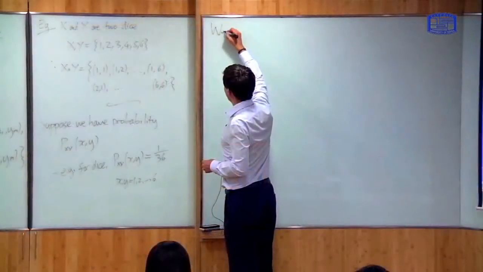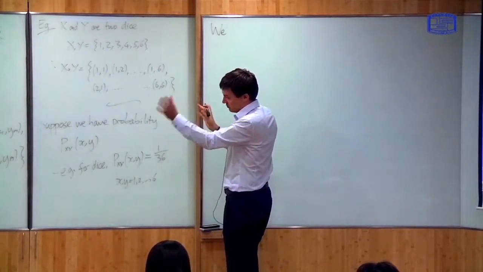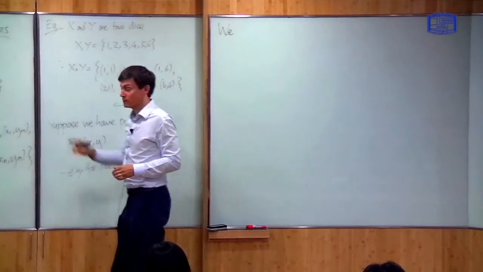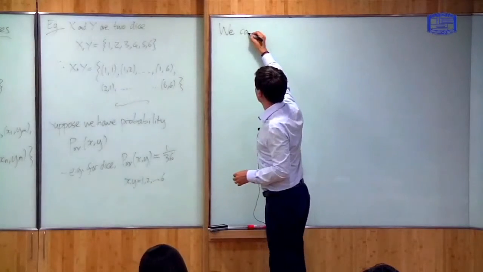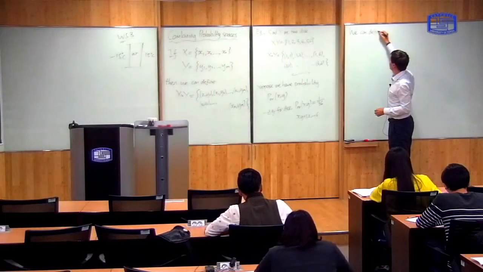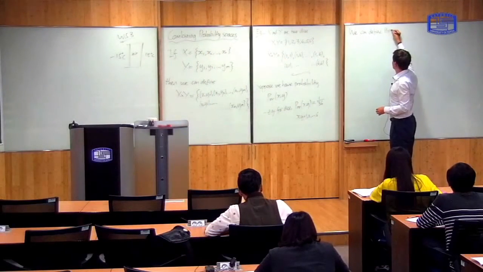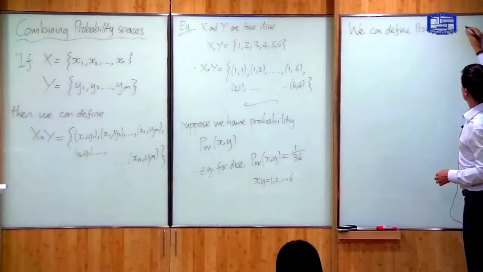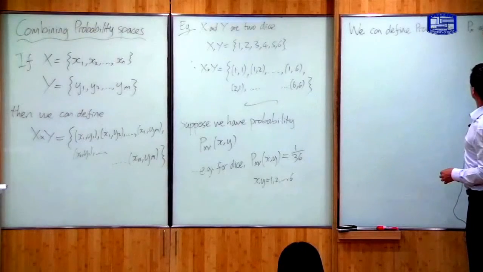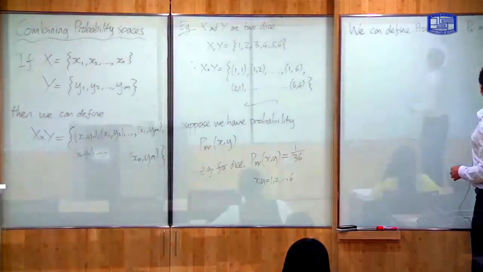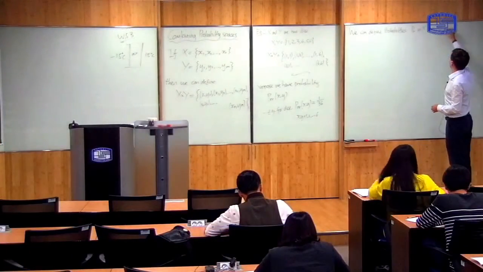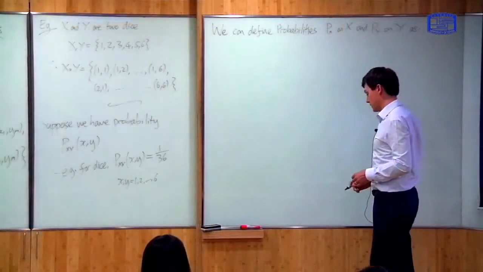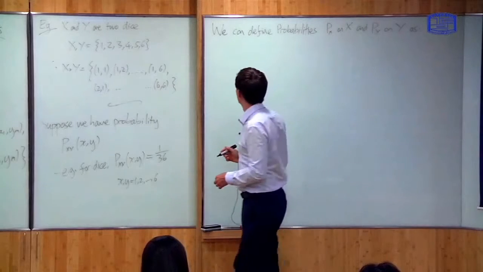So if we have this joint probability, then we can define a probability on each of the individual spaces as well. So we can define probabilities Px on X, Py on Y, as follows.